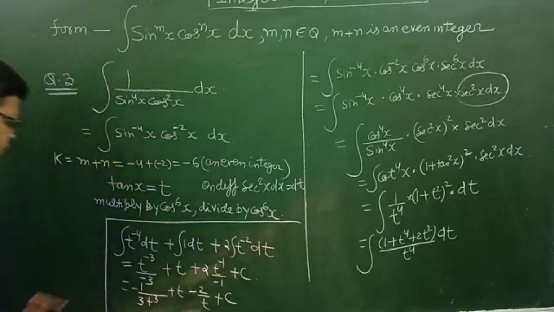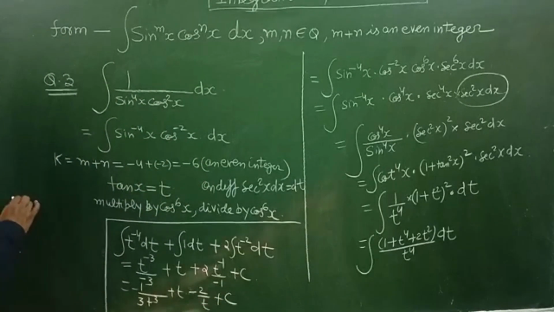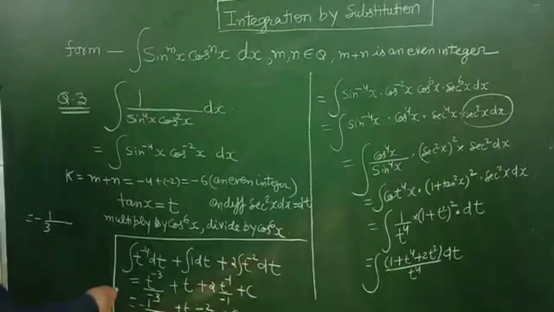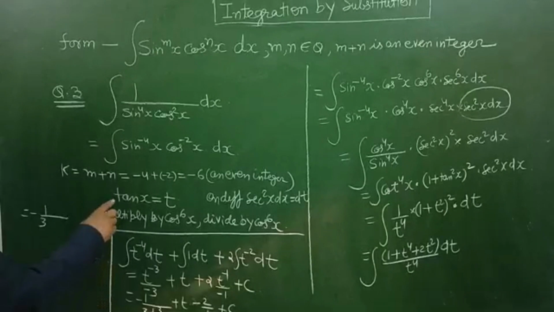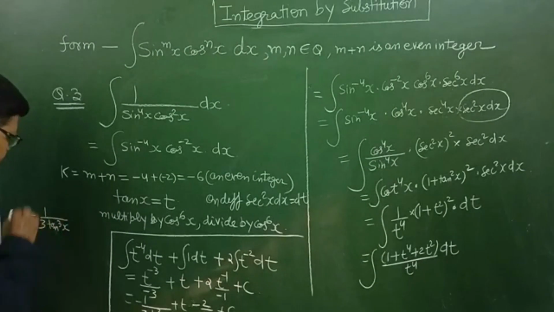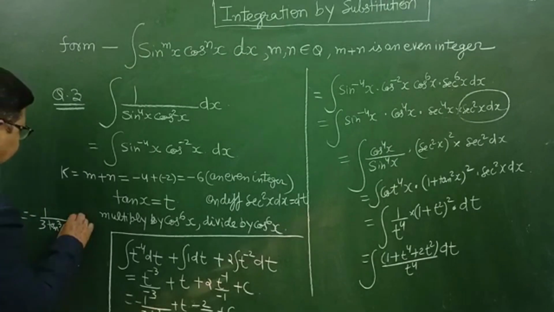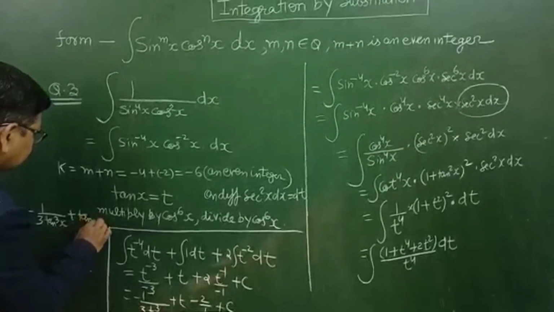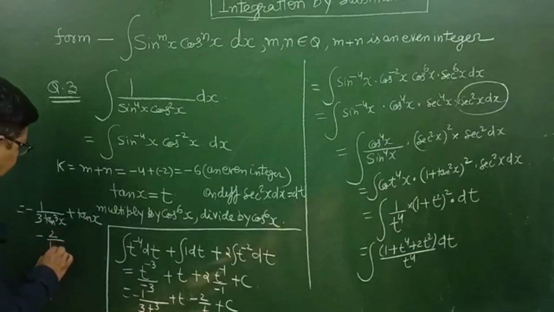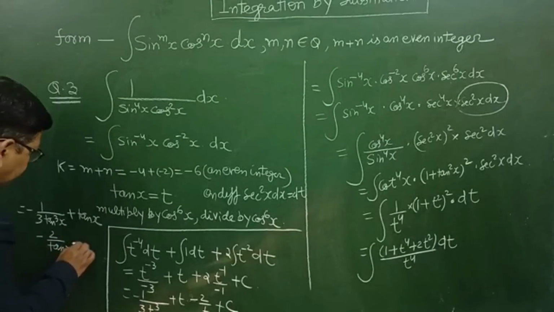Now putting the values here, the final answer will be equal to minus 1 upon 3 and t is tan x, so tan cube x plus tan x minus 2 upon tan x plus c.